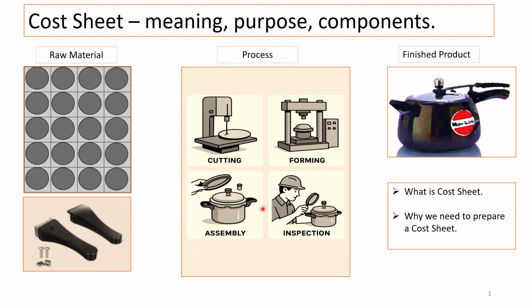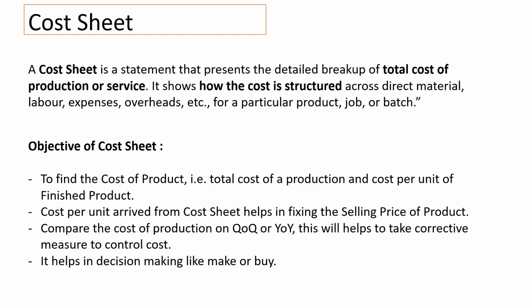Now let us understand what is a cost sheet and why we need to prepare a cost sheet. A cost sheet is a statement that presents the detailed breakup of total cost of production or service.